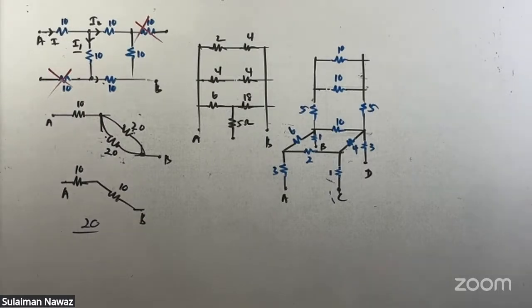Not difficult. I told you that story. If you see resistors in a path where current does not flow, you can remove those resistors.